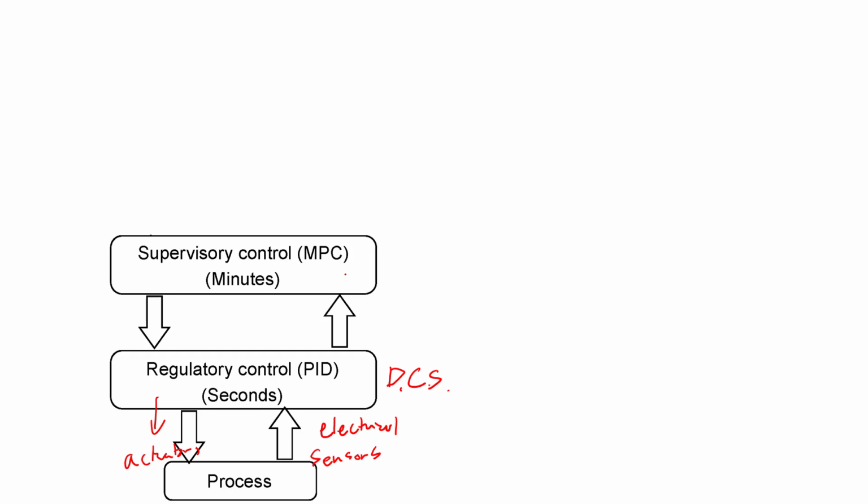The communication protocol between a DCS and a supervisory control system, which might run on some kind of a server, is often called OPC. Recently this has been referred to as open platform communication.